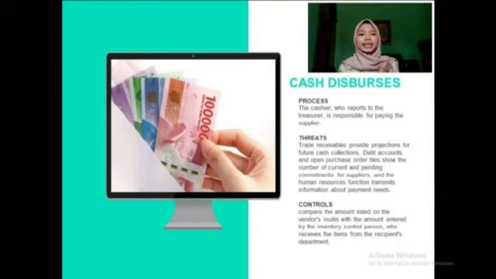The threat in this activity is a projection error of cash needs for future cash collection. Accounts payable and open purchase order files show the number of current and pending commitments to suppliers, and the human resources function transmits information about payment needs.